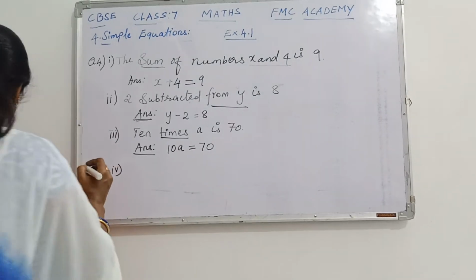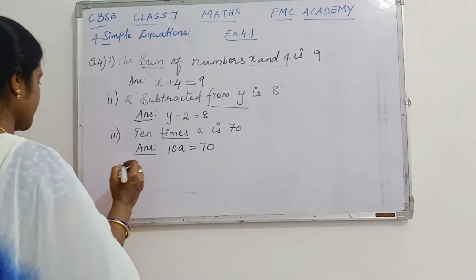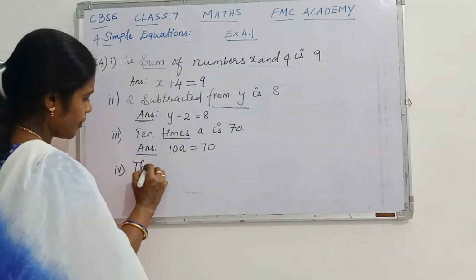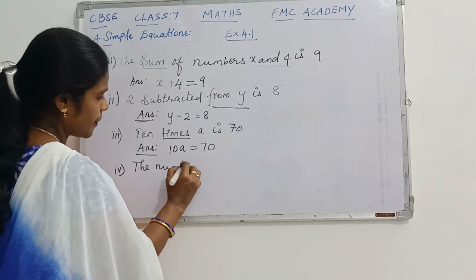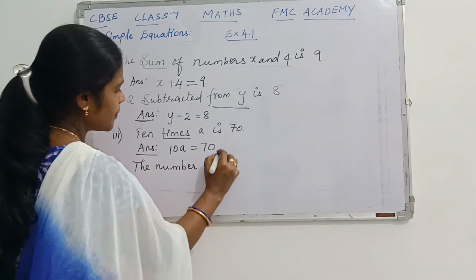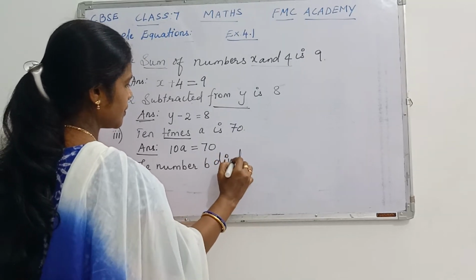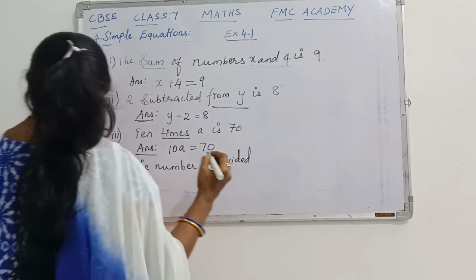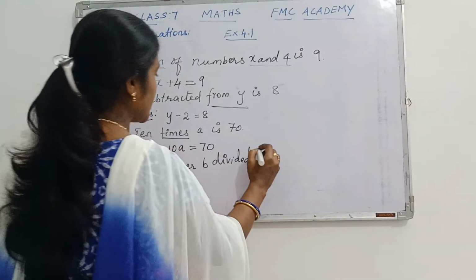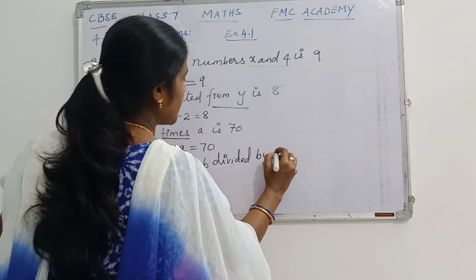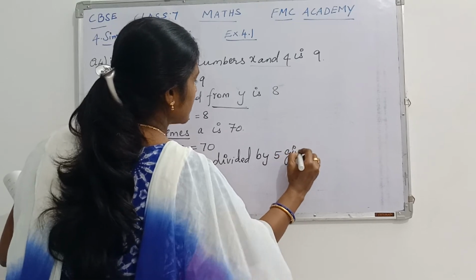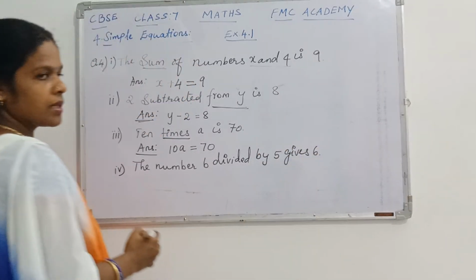Fourth one: the number b divided by 5 gives 6. Okay, this is given.